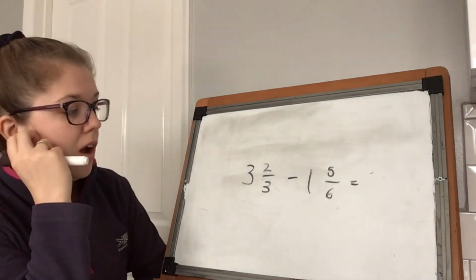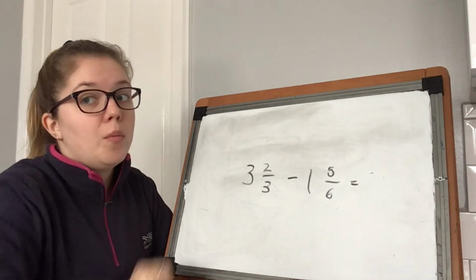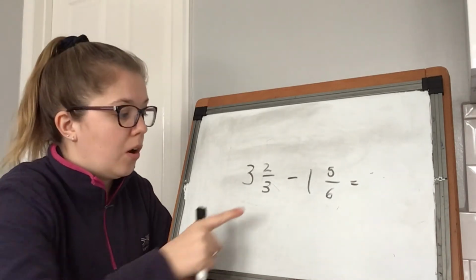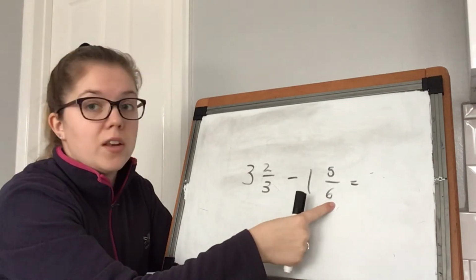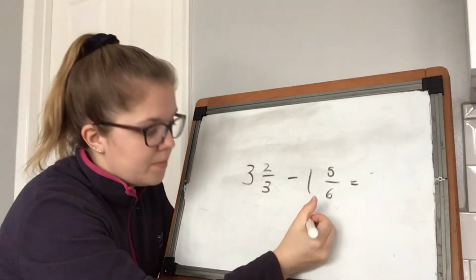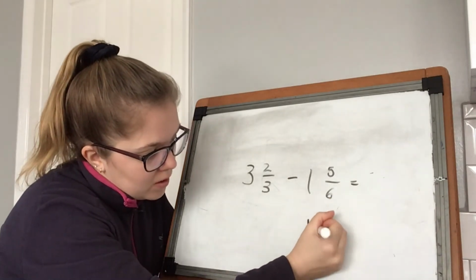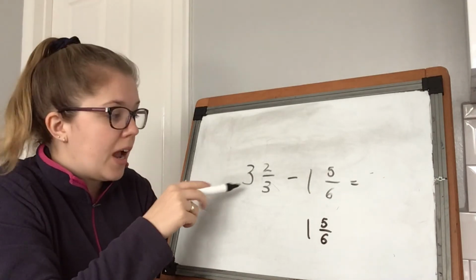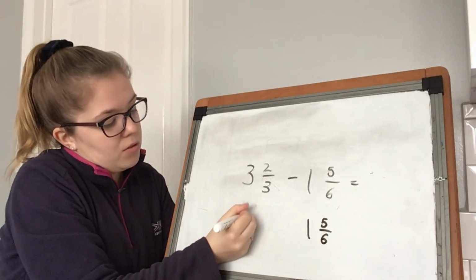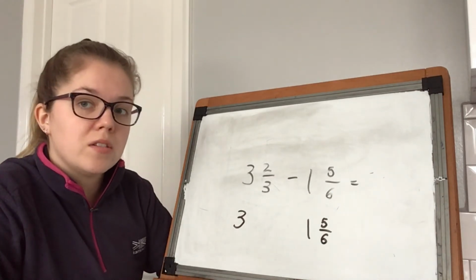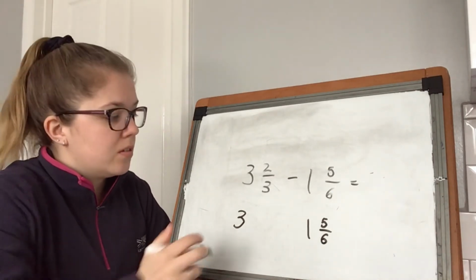So again, do we need to work out a lowest common multiple, or is one already given to us? And we know that with thirds we can convert into sixths. So my 1 and 5/6 can stay the same. Don't need to do anything with that. I just need to convert the 3 and 2/3, sorry. So it's still 3 wholes, but 2/3.